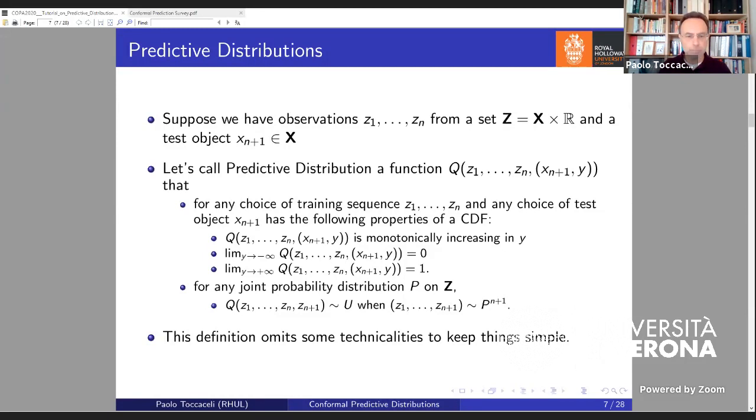To be perfectly honest, this definition omits some technicalities that we'll talk about later.